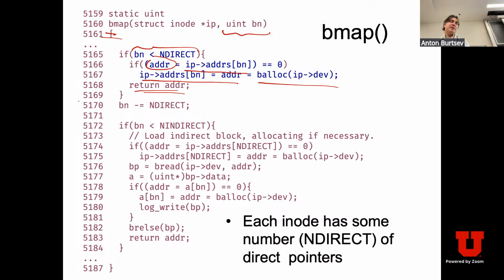If we, however, reach this line 5170, it means that it's not a direct, it's larger than the number of direct blocks. We subtract this number saying, okay, sure, let's keep translating. We have to read the indirect block. We do a check here because we say that we only support the maximum file size. So we do this check, making sure that the user, and again, at this point, this is kind of the questions you keep asking yourself when you're building an operating system.